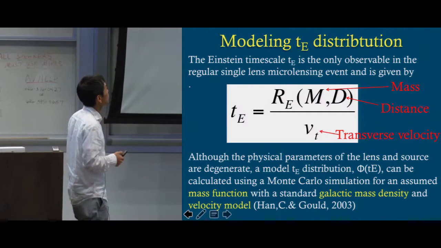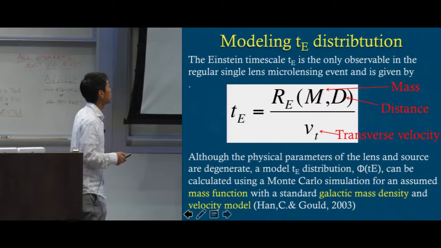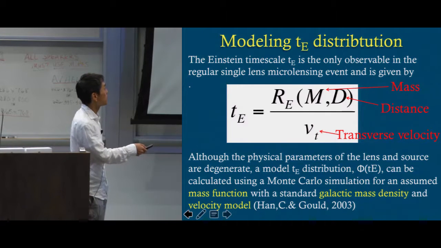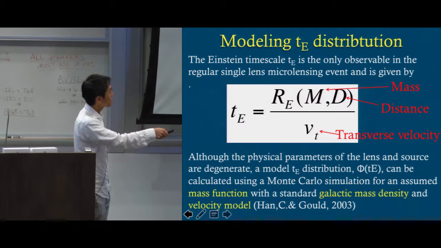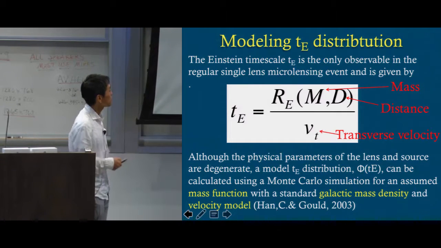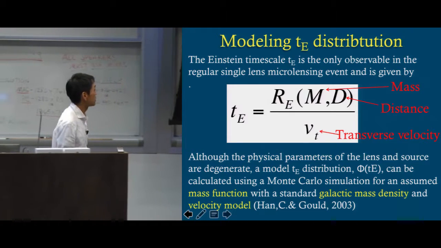So the Einstein timescale tE is the only observable in a regular single lens microlensing event, and is given by this equation. But the mass, distance, and transverse velocity are degenerate.